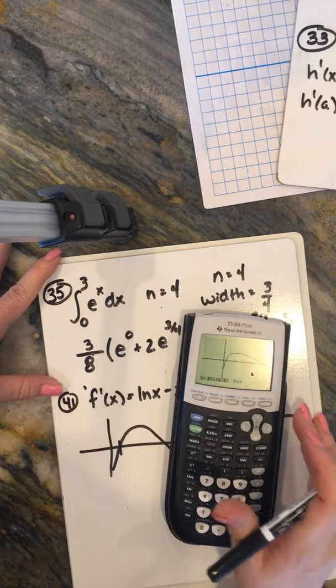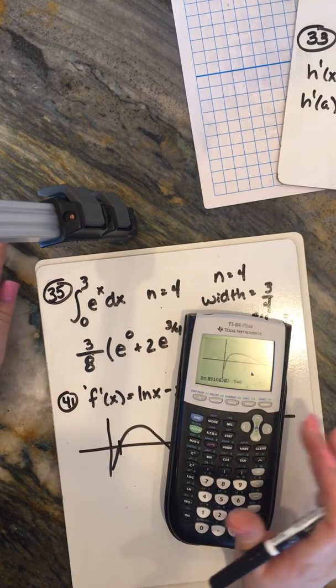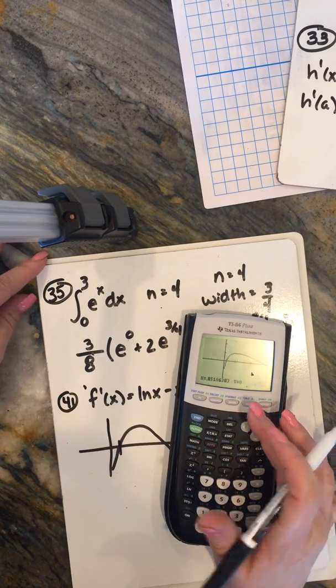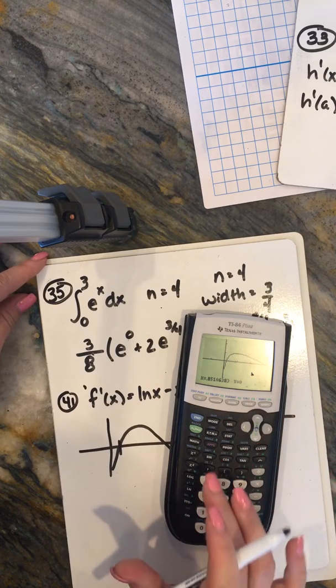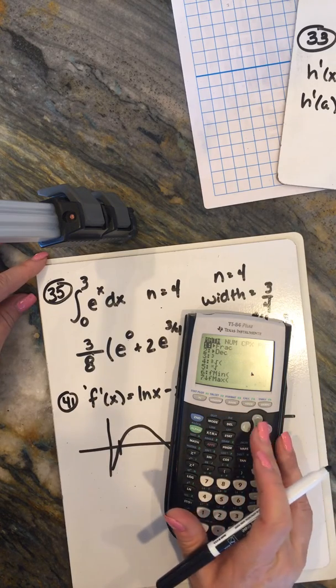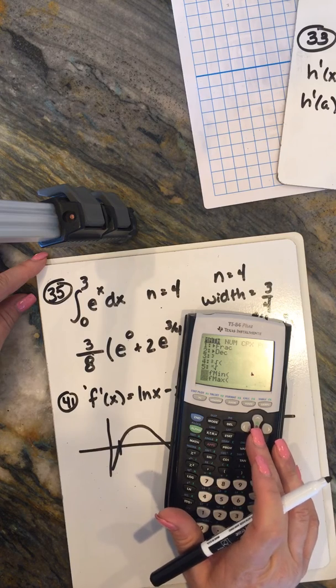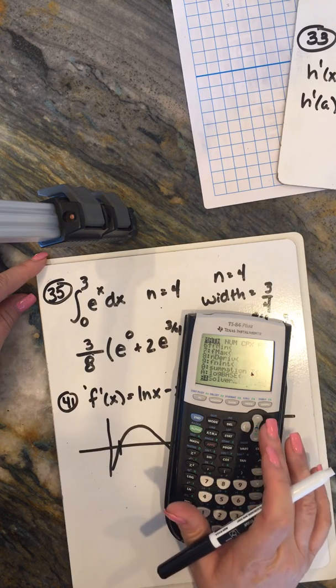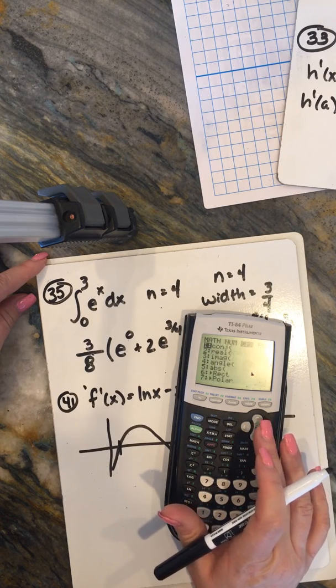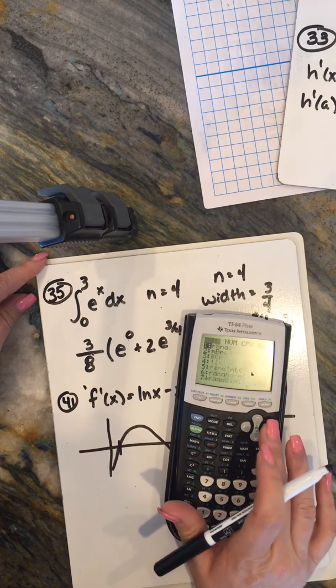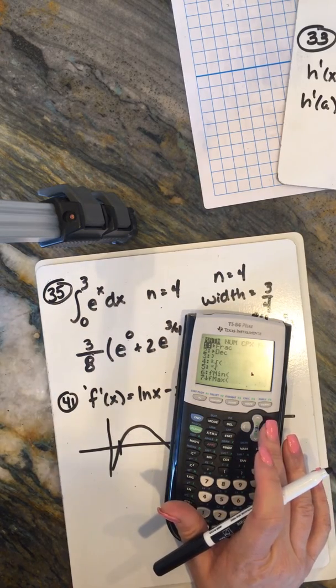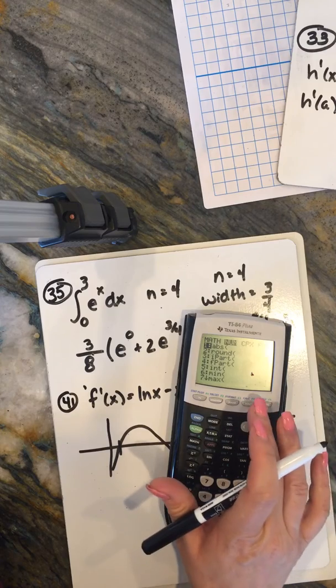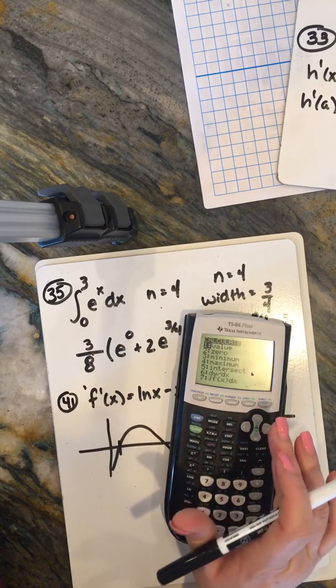So on your calculator, here you go, watch this. We're going to find the 0. So we go to math, I believe, and, oh darn it, how did I do this? Oh, it's under, I'm sorry.